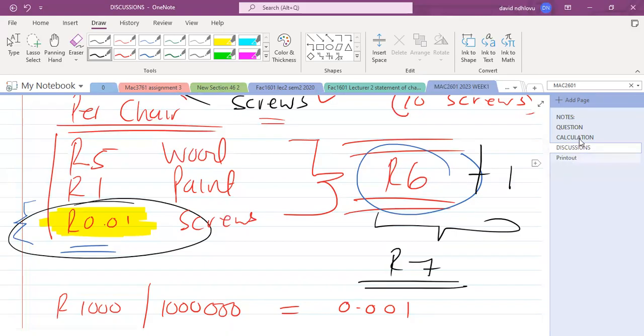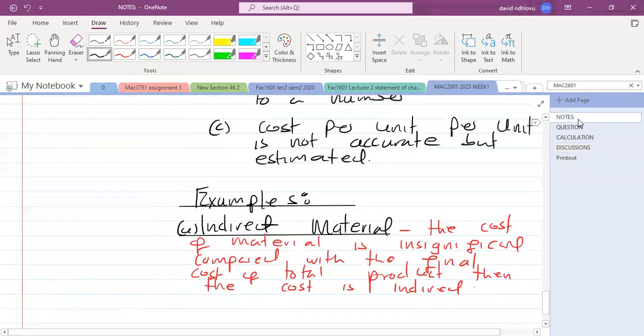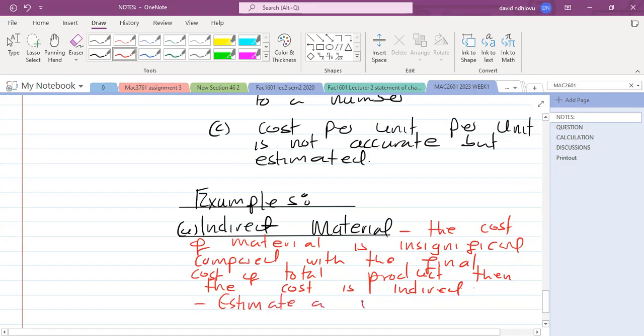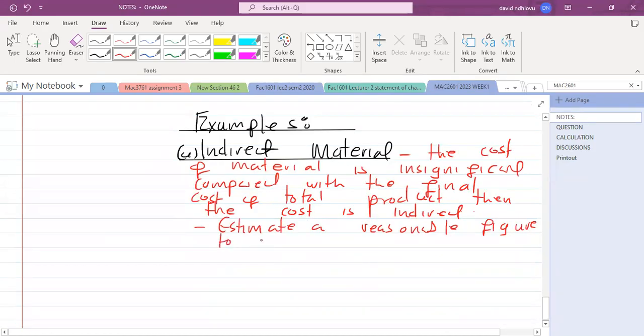Yes. So we are saying the cost is too low. So what normally happens is that we have to estimate a reasonable figure to add to the other cost.